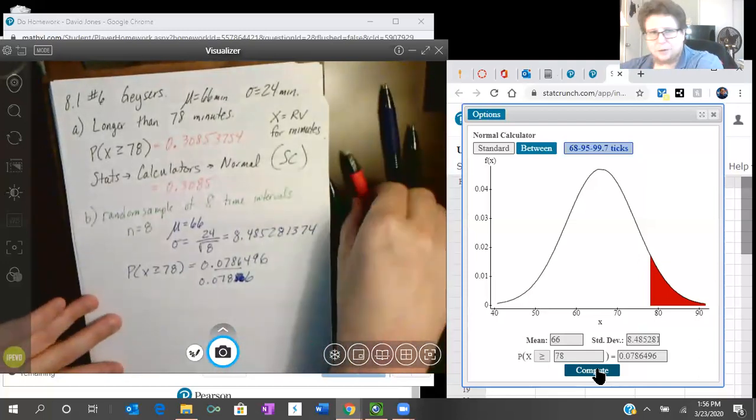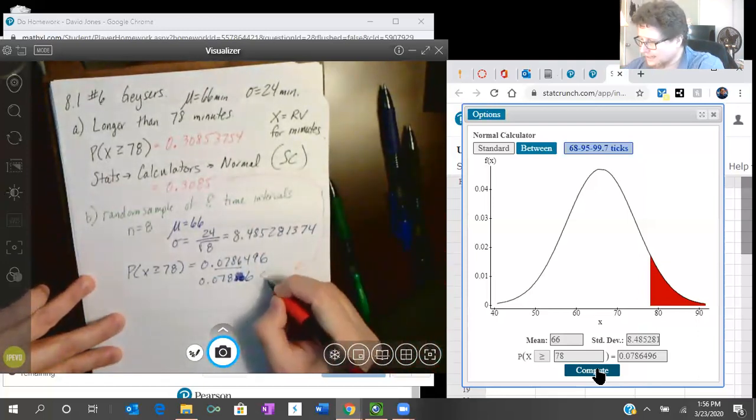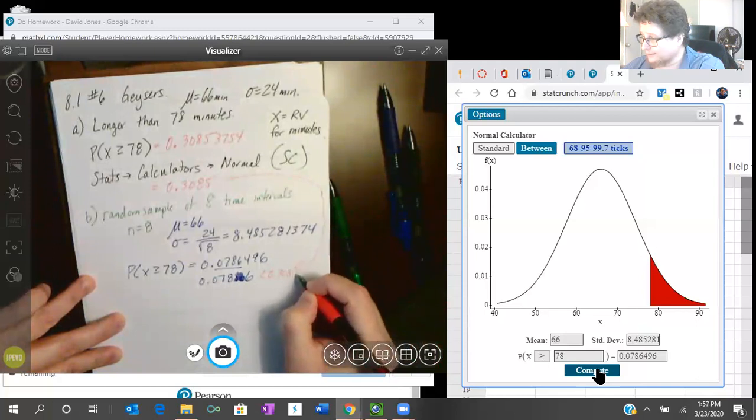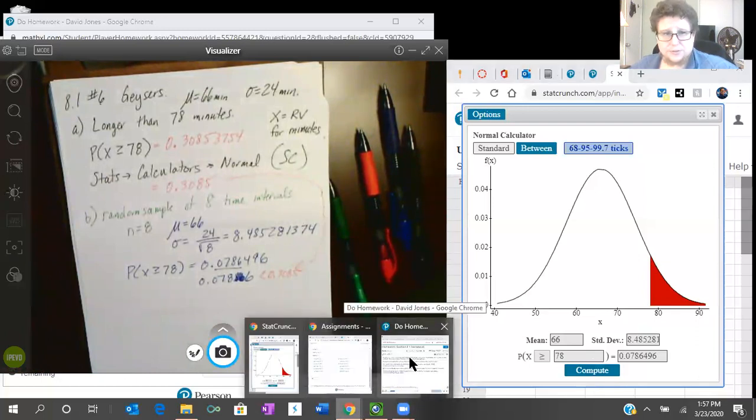Let's compare that to what we have above. Look at that. It's gone down. It's less than 0.3085. So as soon as we start introducing a number of, not the overall population, but a specific set of 8, it changes. That's what we showed with the dice rolls as well.